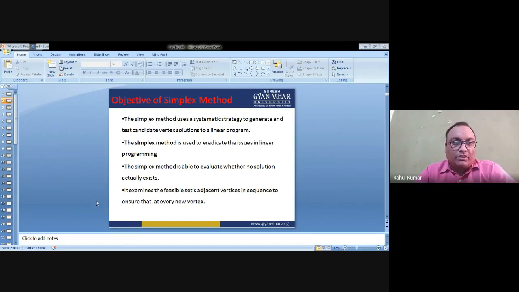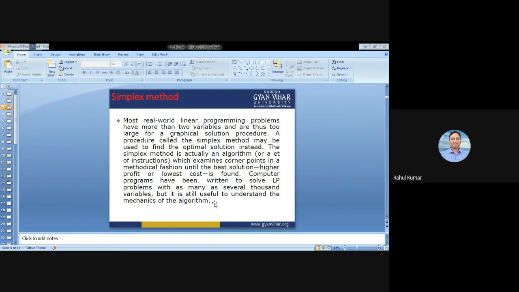The student examines the feasible set's adjacent vertices in sequence, so the student can understand a two or more variable problem in a very simple way.